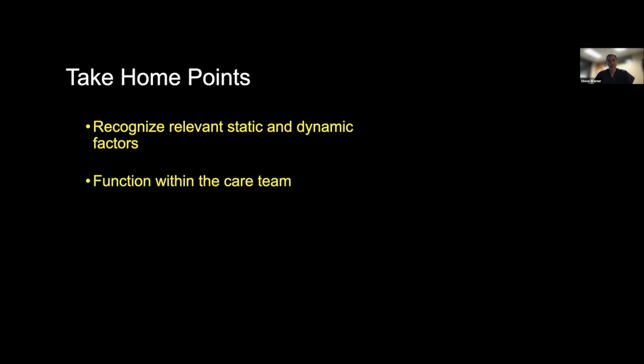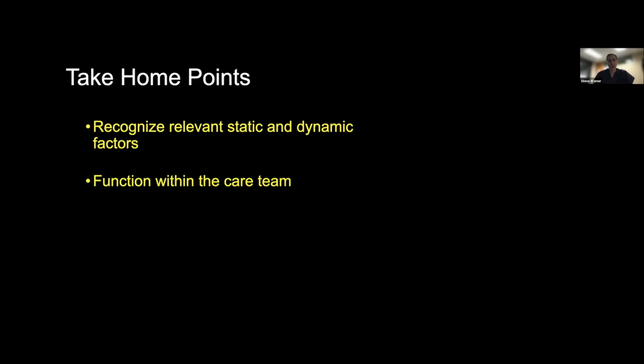So take home points, considering all this. First, you want to recognize those factors, both the static factors the patient hits the emergency room with, as well as those dynamic factors which the patient has as they're undergoing resuscitative measures. Those are really critical in determining what the patient is able to have during that first day or that first operation for their orthopedic injuries. As was mentioned multiple times, you have to function well within the care team.